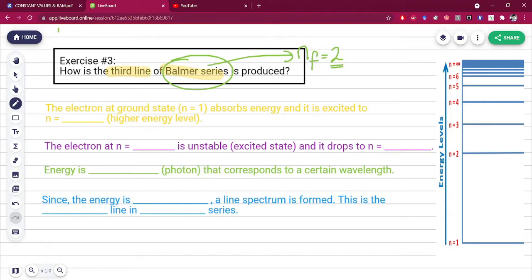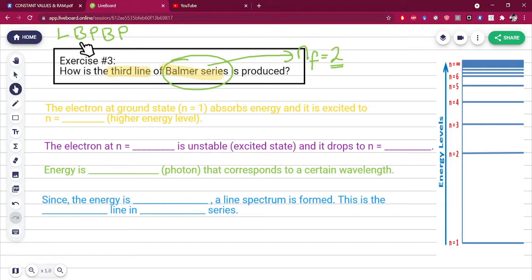So remember L, B, P, B, P: Lyman, Balmer, Paschen, Brackett, Pfund.